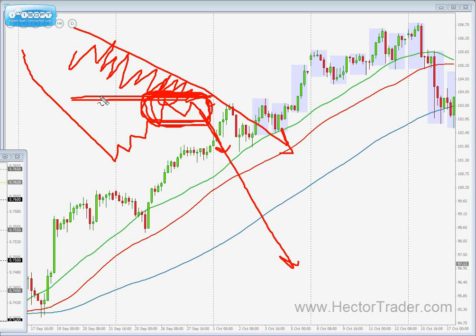Any reversal formation taking place at any other part of the chart, I will personally pay no attention to it, only if they happen at decision taking areas. And those areas are of course the dynamic area of support and resistance, always in a solid trend, as in this case as per my 3 moving average conditions, and always right off a confluence of different elements of support and resistance.